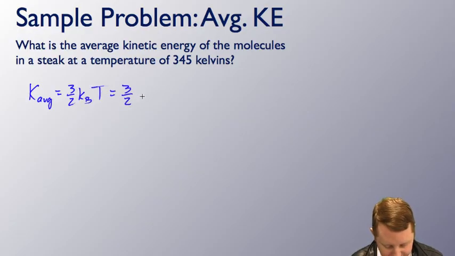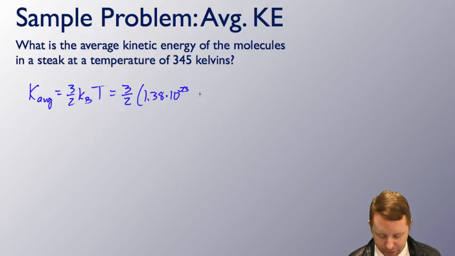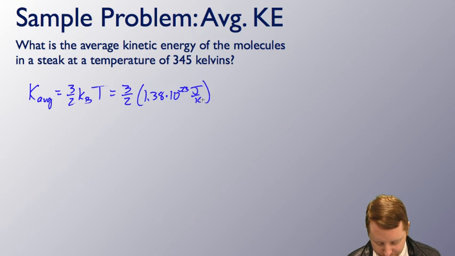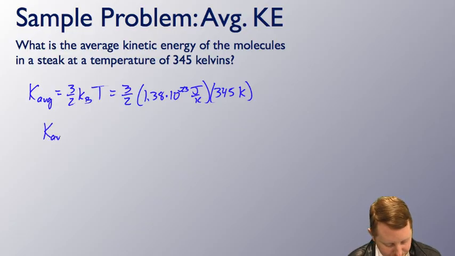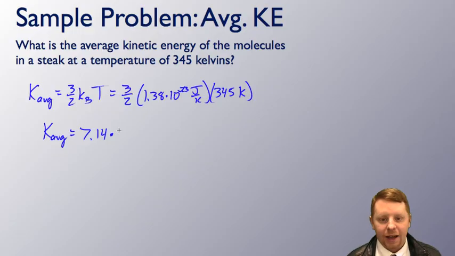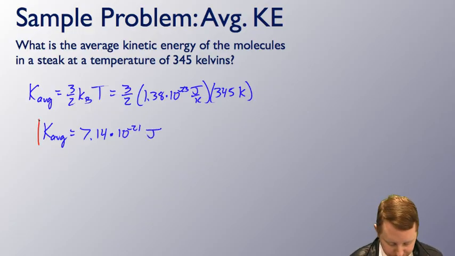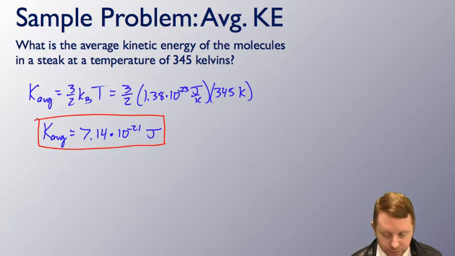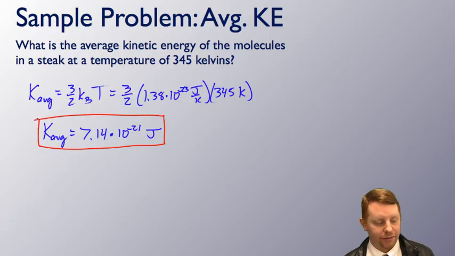So that's 3/2 times Kb, 1.38 times 10 to the minus 23rd joules per Kelvin, times our temperature, 345 kelvins. So I would get an average kinetic energy of about 7.14 times 10 to the minus 21 joules. Nice, straightforward use of that formula.